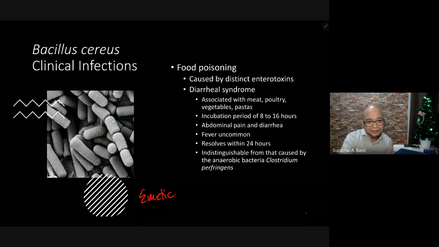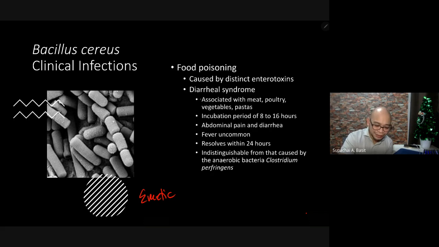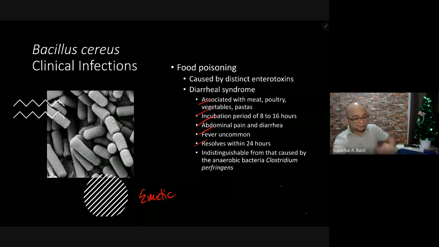So yung diarrheal form is associated with meat, poultry, and vegetable pastas. Incubation period is 8 to 16 hours, and characterized also by abdominal pain and diarrhea. So the fever is uncommon, and it resolves within 24 hours. So indistinguishable from Clostridium perfringens. Kasi nga, this one is diarrheal form.